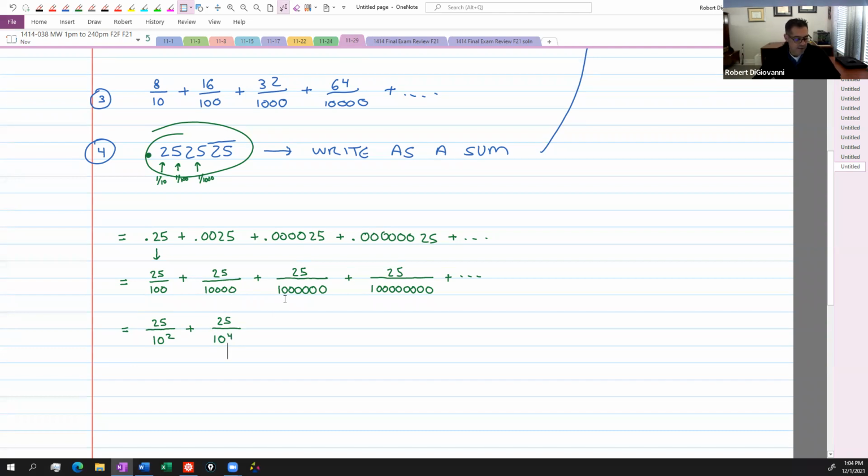Basically I'm just counting how many zeros are here, and that's the power of 10 I have. So 25 over 10 to the 6th power plus 25 over 10 to the 8th power, and then it keeps going. Any questions on that part? We're all happy? Or content at least?